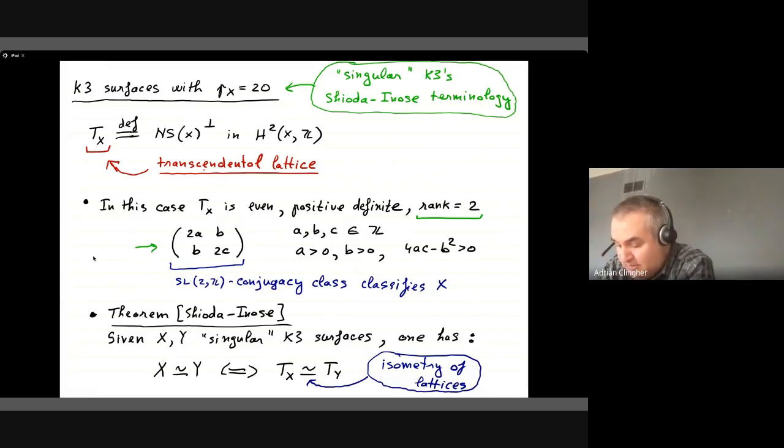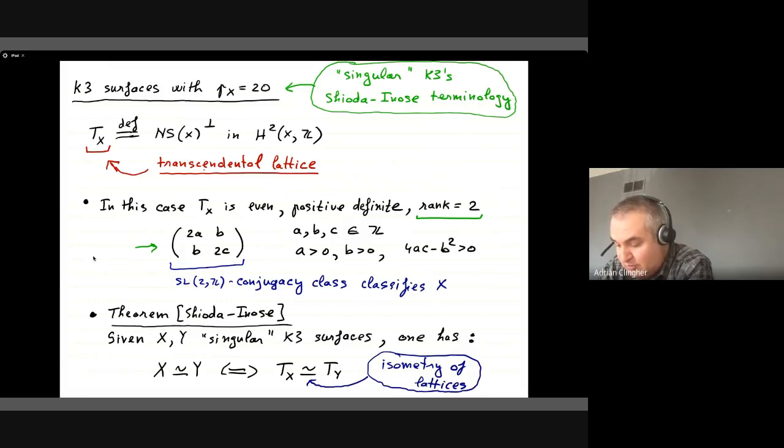Up to conjugacy, it can be represented by a 2x2 matrix of this type. And now there is an important theorem by Shioda and Inose that says that this transcendental lattice, this even positive definite quadratic form, actually fully classifies the K3 surface up to isomorphism.